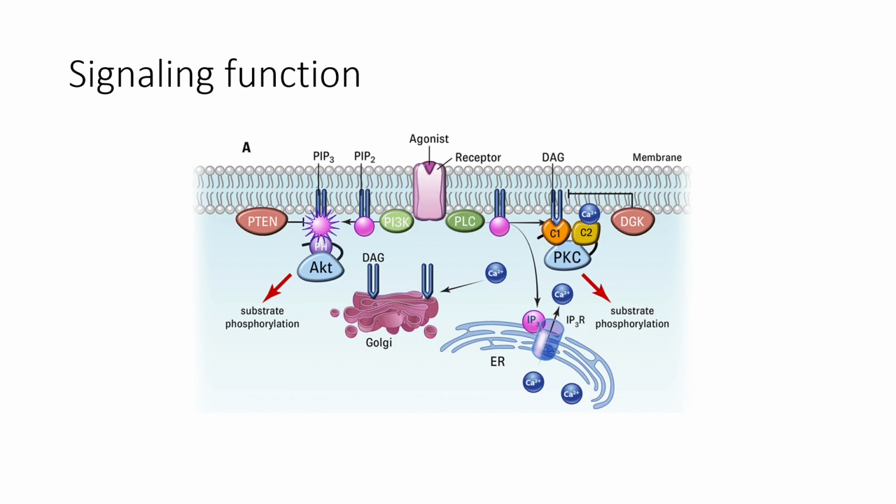Diacylglycerol, if we talk about the classic protein kinase C, together with ions of calcium, activates the protein kinase C enzyme, which is the enzyme that causes substrate phosphorylation, and it is used in cell differentiation and mitosis.